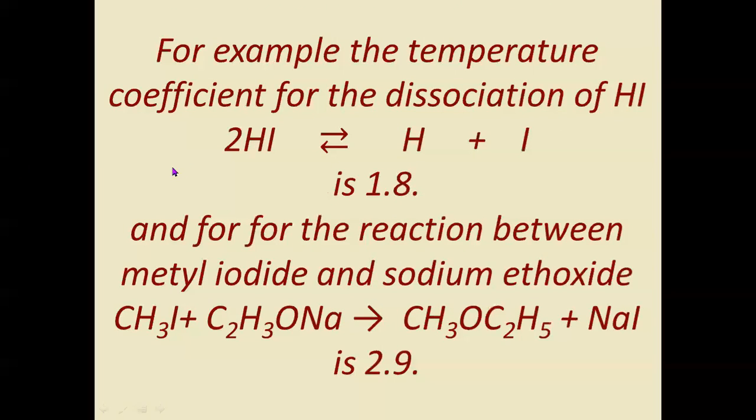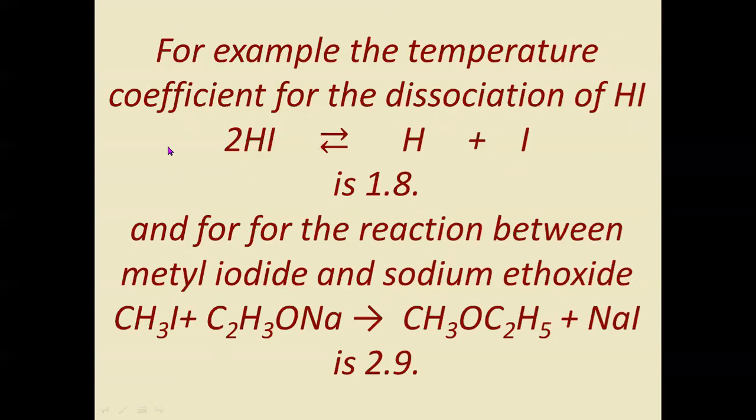For example, the temperature coefficient for the dissociation of HI is 1.8. It means in a reaction in which hydrogen iodide decomposes or dissociates into its constituent elements, hydrogen and iodine, the rate of reaction is 1.8 times greater.